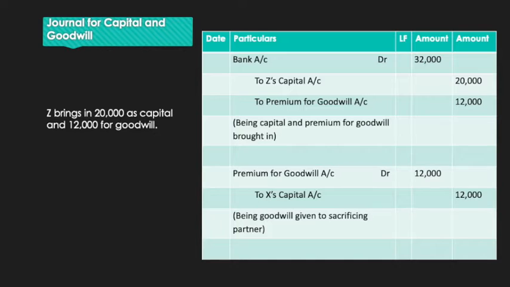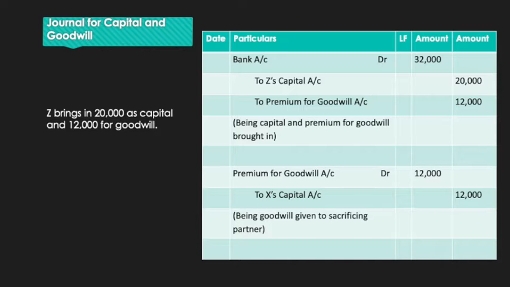So bank account debit 32,000 to Z's capital account 20,000 to premium for goodwill 12,000. Narration being capital and premium for goodwill brought in, and as we know that Z has acquired the entire share from X, so only X is sacrificing. So the next journal entry is premium for goodwill 12,000 to X's capital account 12,000, being goodwill given to the sacrificing partner.